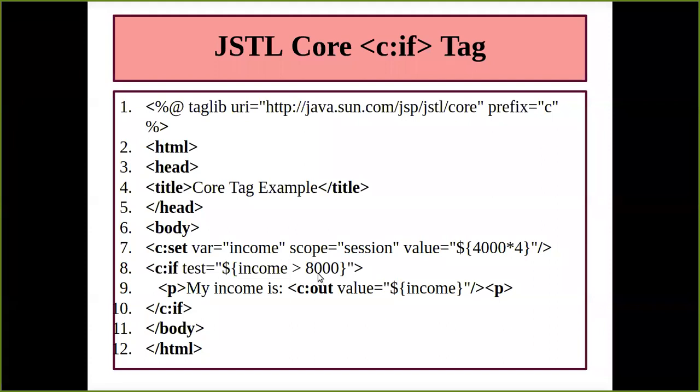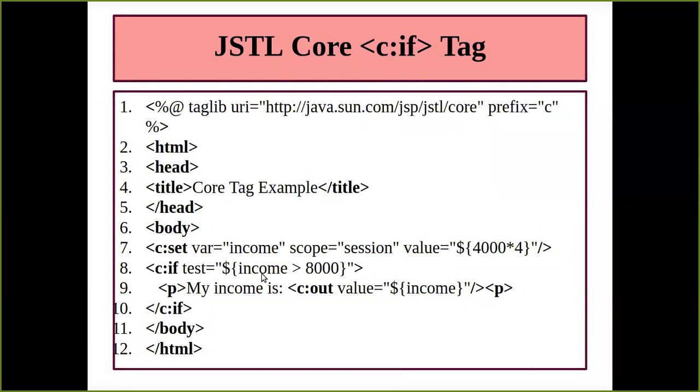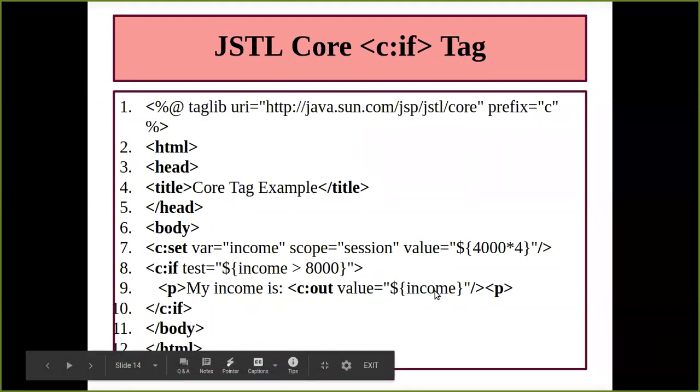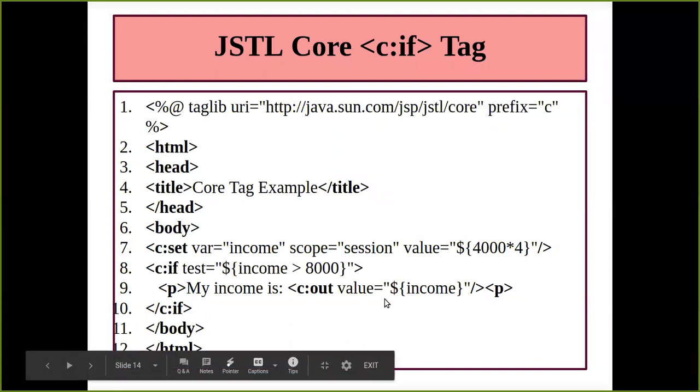It is going to print something. What is going to be printed? I know that for printing a value, we have the out tag, so we are going to make use of that tag. We have an attribute which is going to print the value of income. So if the value is greater than 8,000, what value are we going to get? That is your 16,000. So my income is 16,000. Fine. So this is how you're going to make use of the if tag.